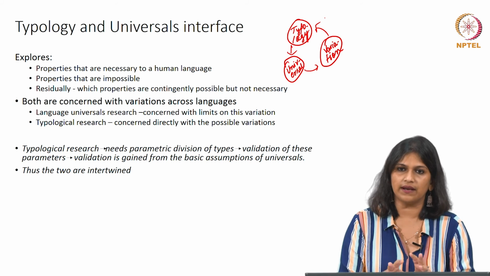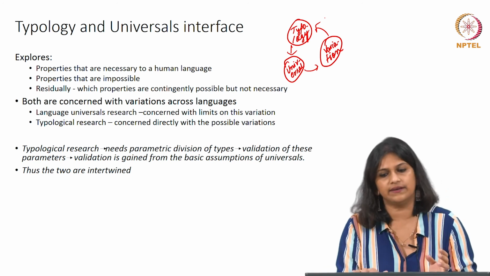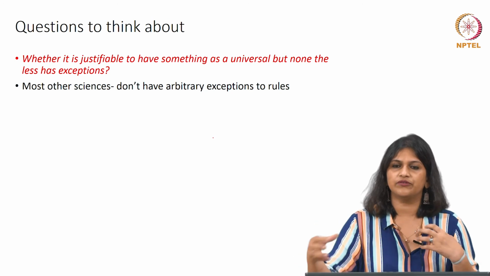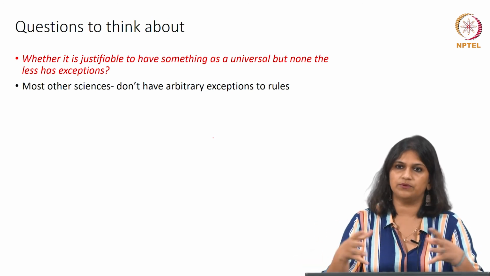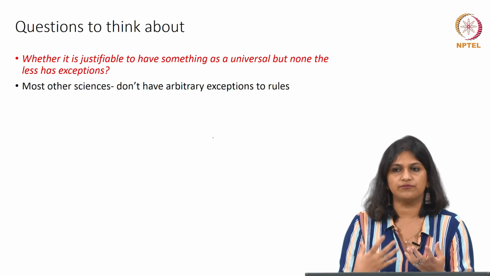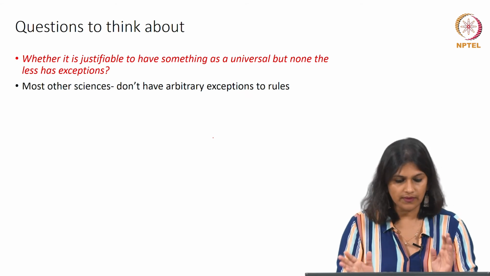To be more particular, language universal study and language typology study are definitely intertwined, and you cannot keep them in a diametrically opposite manner. Rather, you have to put it in such a way that they gain insights from each other. They have to deploy tools which are going to be common up to some extent with each other.